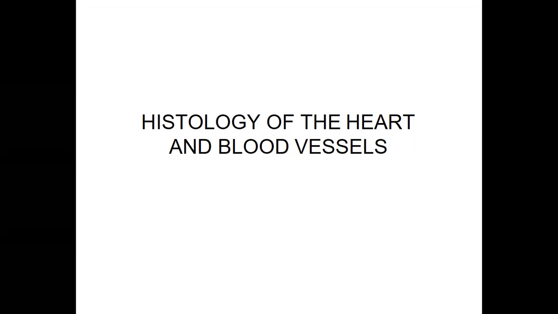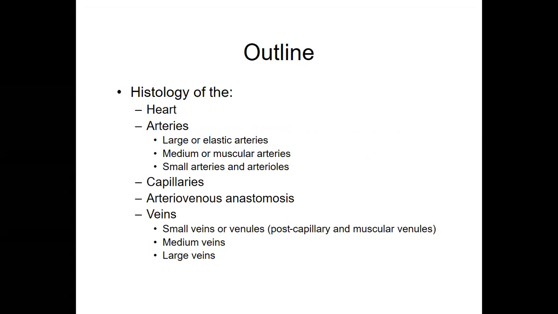Today I'm going to deliver one lecture topic regarding the histology of the heart and also the blood vessel. So there are two component topics of this lecture, the histology of the heart and also the blood vessel. This is the outline of my lecture. I'm going to discuss the histology of the heart, the arteries.